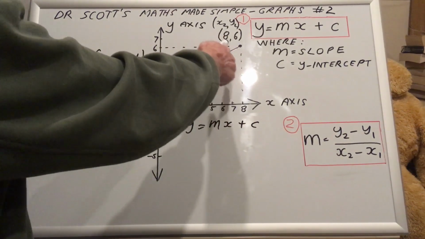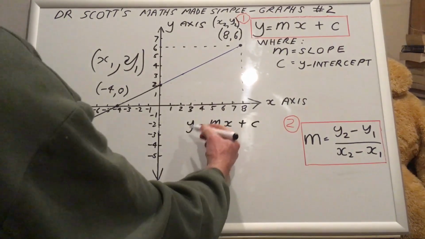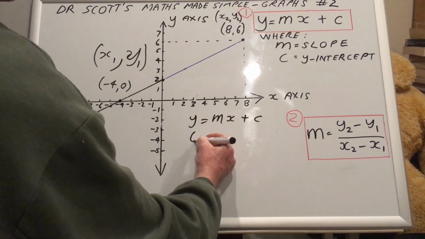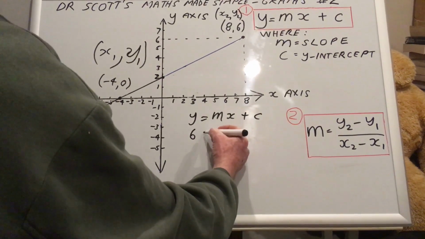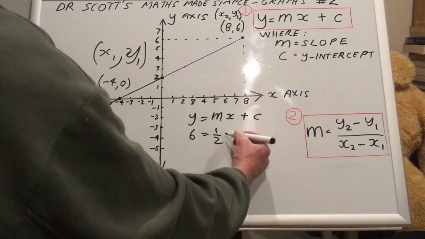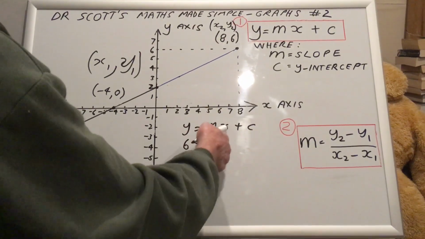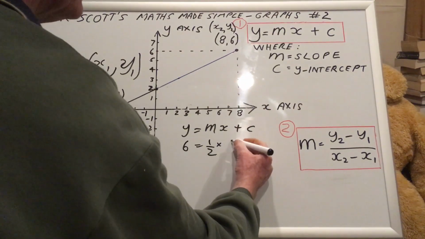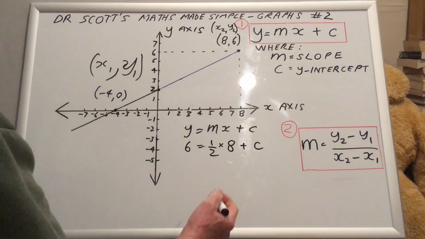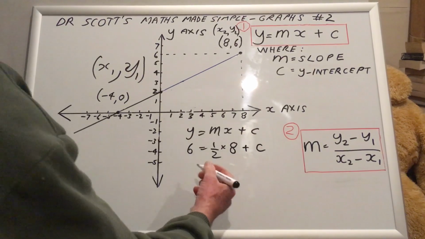Let's take 8, 6 again. It doesn't matter which point on the graph you take, it'll always be the same. So y is 6 equals 1/2, which is m, the slope, times x, which is 8, plus c. There's only one unknown here, c, the y-intercept.